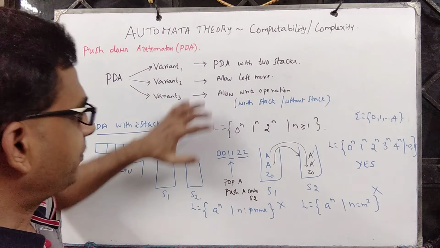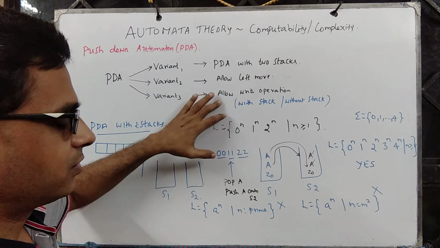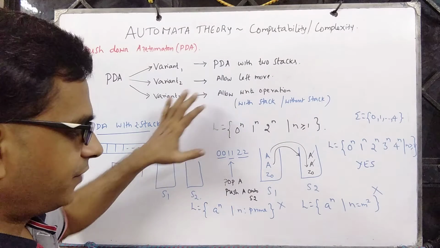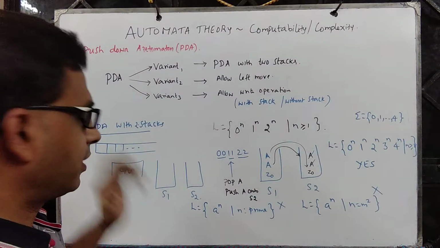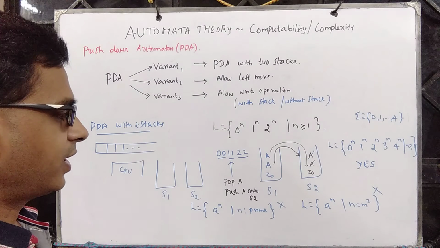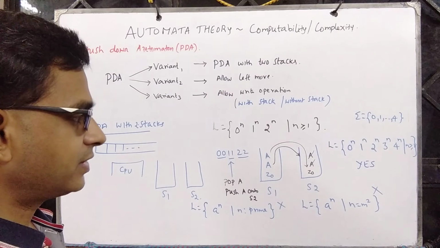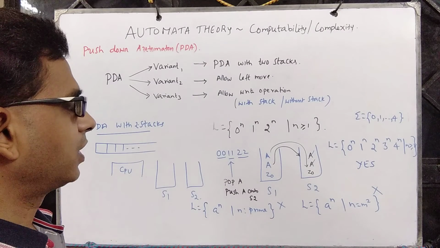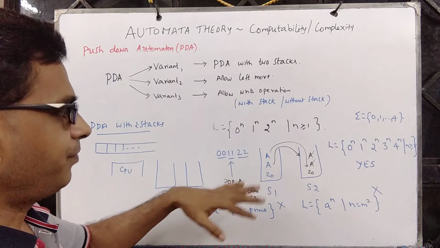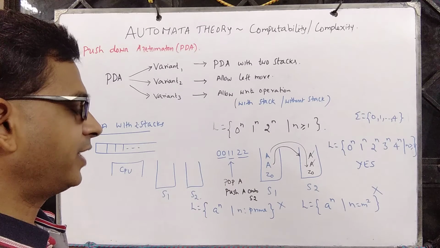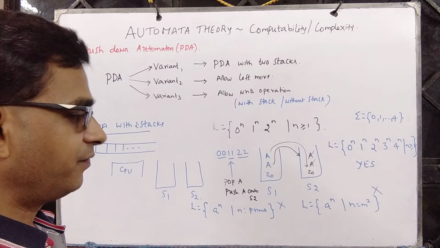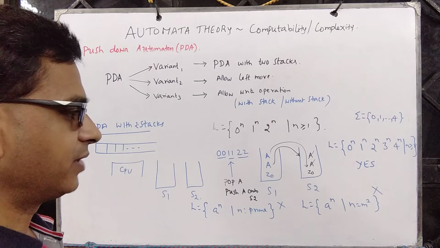So now supposing I allow write operation and along with read and stack, can we increase its computing power? Or you allow write operation, also allow left movement, and will that increase the computing power?